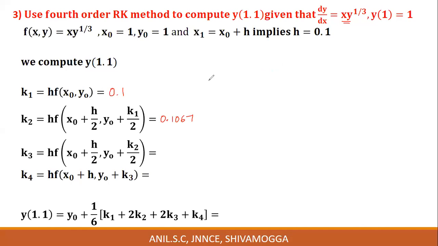Now we calculate K3. K3 is given by h into f of x naught plus h by 2, comma y naught plus k2 by 2. Here h is 0.1. x naught is 1 plus h by 2 is 0.1 divided by 2. y naught is 1 plus k2, k2 is 0.1067 divided by 2.